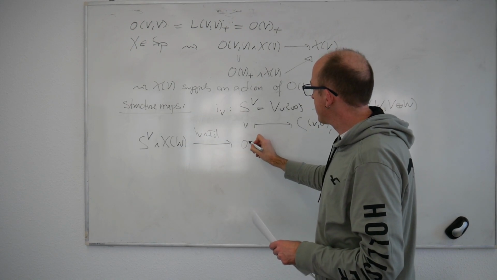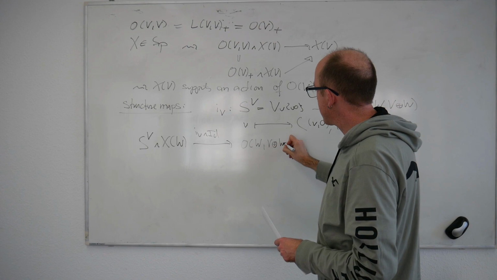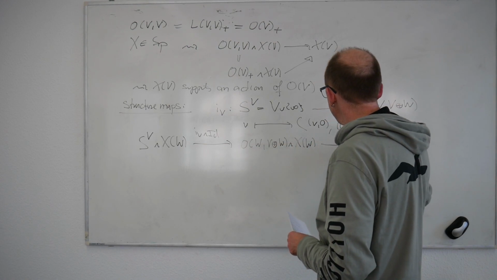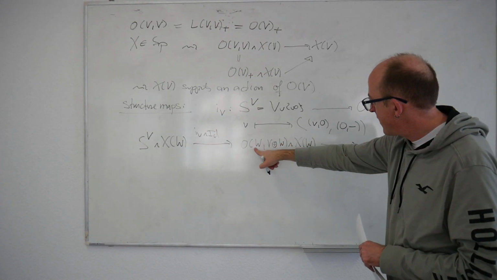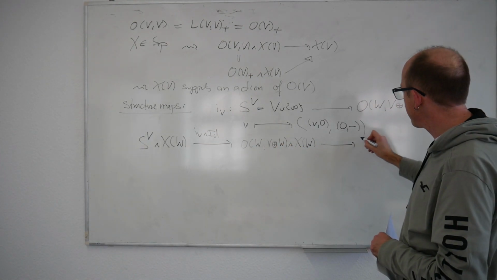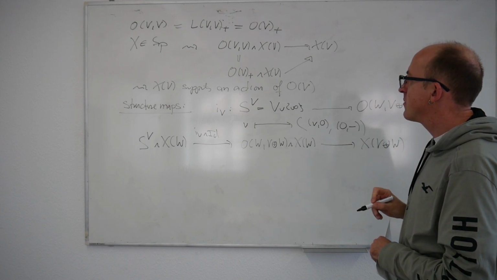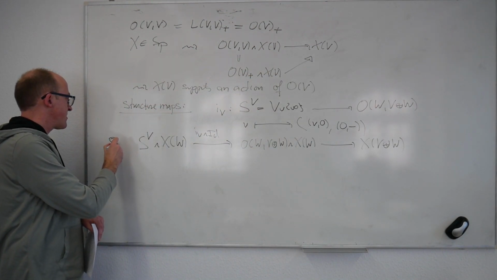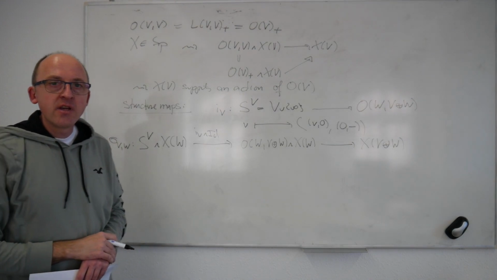So this gets me to O of W, V direct sum W, smash X of W. Now I use the functoriality that X has. So I have a W in the source, a V plus W in the target. So this gets me to X of V plus W. And I call this the structure map, and I'll use the notation little sigma V, comma W for this map.